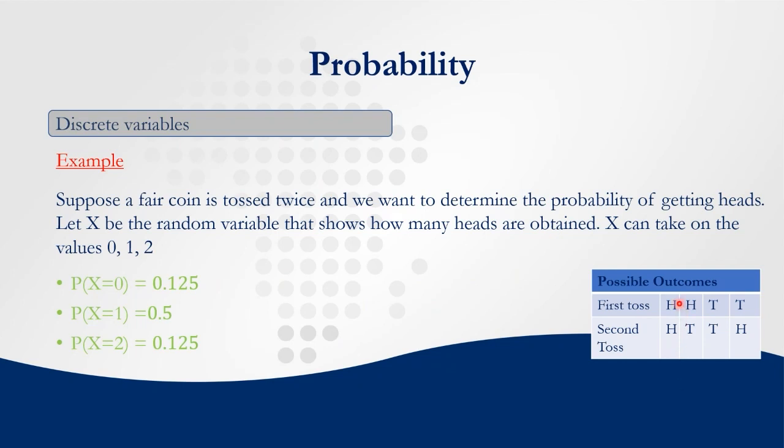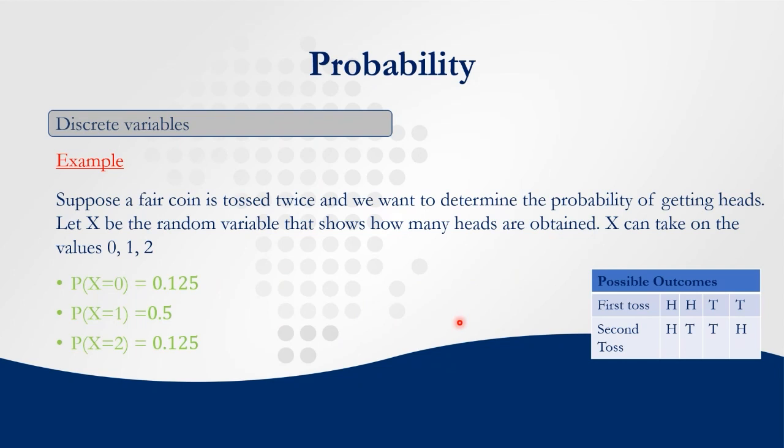So the probability that it lands on 0 heads is 1 out of 4 outcomes, which will be a quarter, 1/4, right? The probability that I get 1 head, I see it twice, here and here. So it's going to be 2/4, which is a half, 0.5.